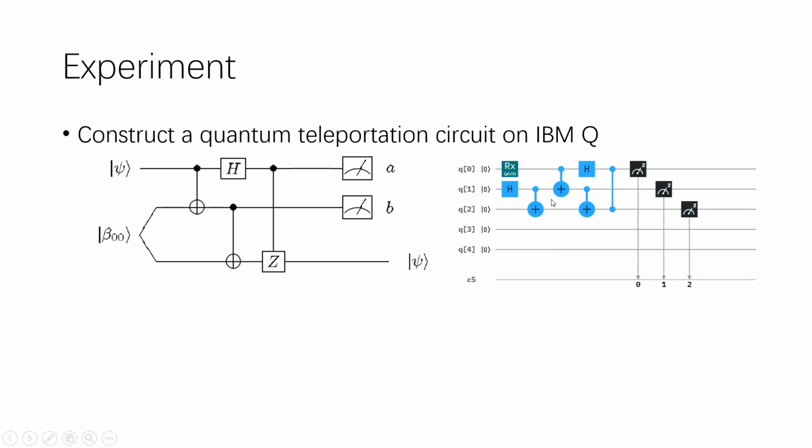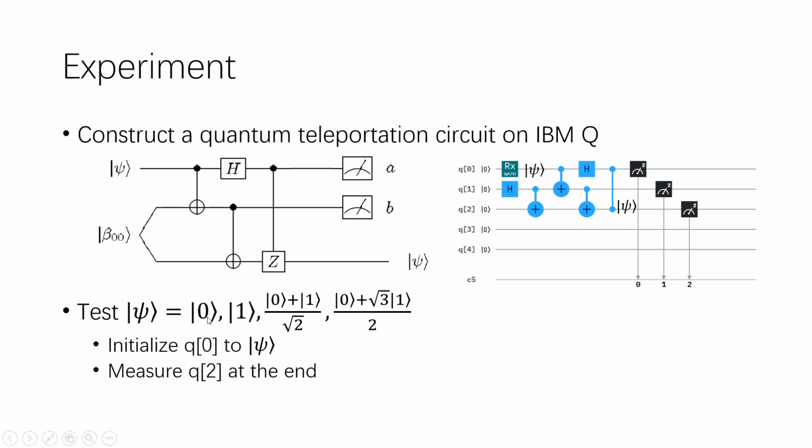We prepare some arbitrary quantum state on the Q0 qubit, and then try to move it to the Q2 qubit, and we measure on the Q2 qubit to see whether we have succeeded in transferring the information from Q0 to Q2. We want to test phi equals 0 or 1 or some linear combination of 0 and 1.